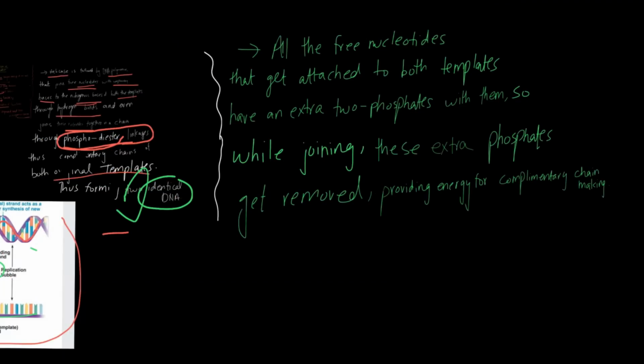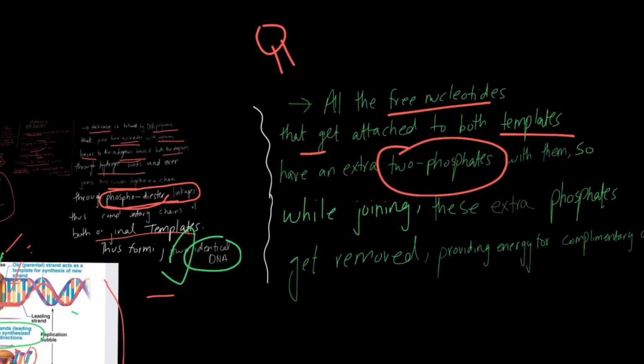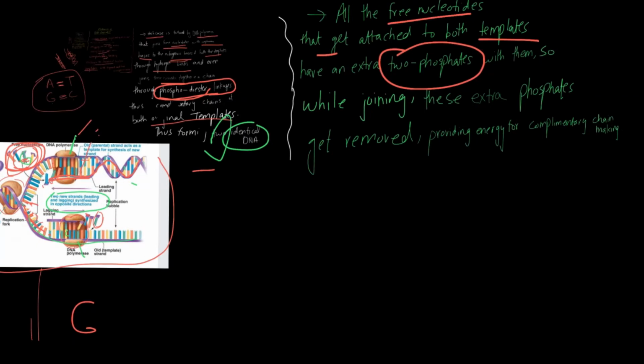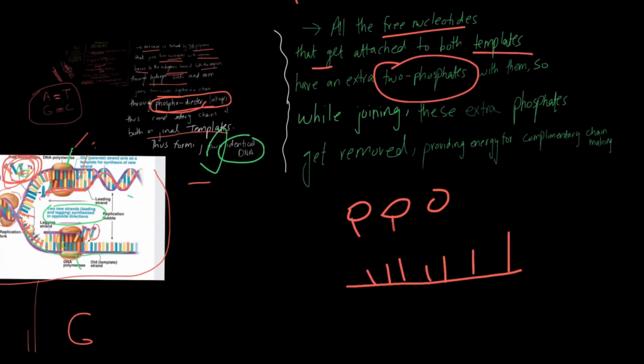So the last thing we need to learn is that all the free nucleotides, the ones I just mentioned, the ones that are free without a strand, all those free nucleotides that get attached to both the templates have an extra two phosphates with them. Now we'll wonder why they have two phosphates with them. So while they're joining in a strand, this is a strand, this has nitrogenous bases, and this has nitrogenous bases, and then there are free nucleotides, right? All the free nucleotides that are getting attached to these templates have an extra 2-phosphate with them.